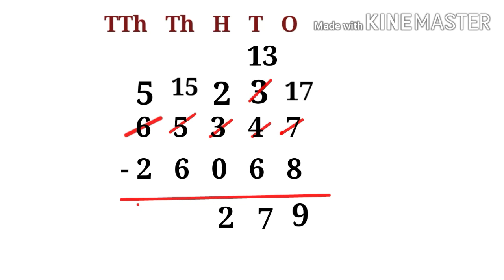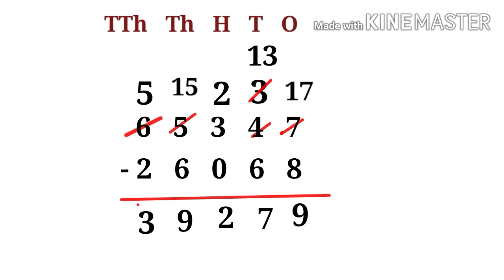Now we can subtract 15 minus 6, that is equal to 9. Next, subtract 10,000 place digits, that is 5 minus 2, that is equal to 3.